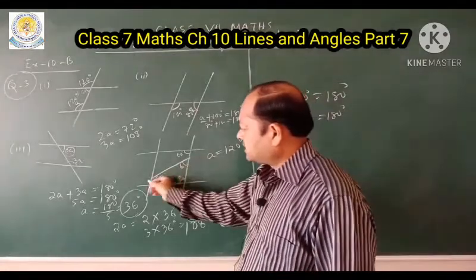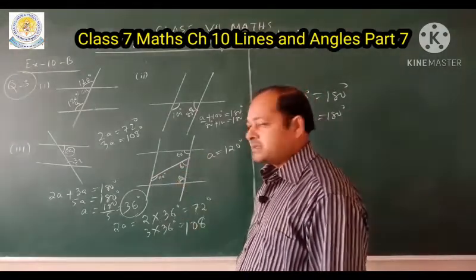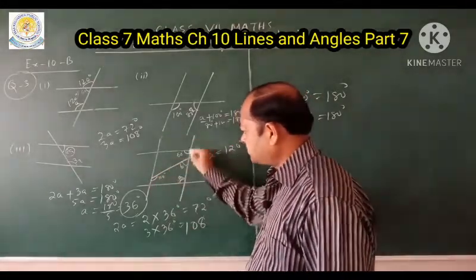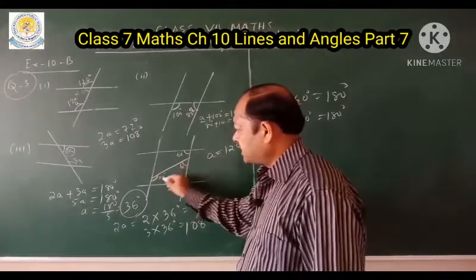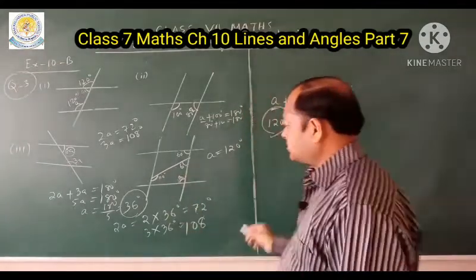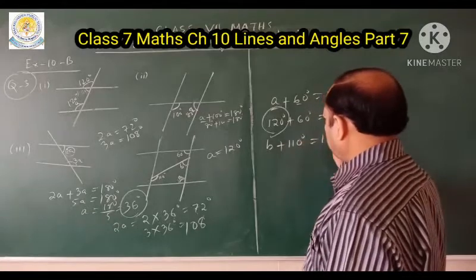Similarly, in the case of C here, B is there, and B and this angle must be 180 degree because these are the parallel lines. These are two parallel lines, and on the same side of the parallel lines, this B and 110 are there, and inside. So these are co-interior angles. So B plus 110 equal to 180.